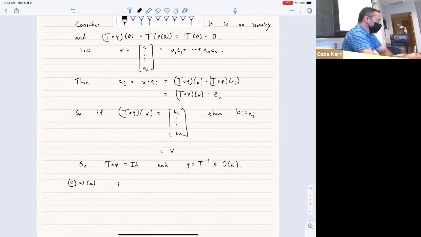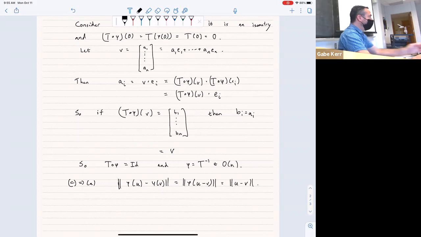Well, okay, maybe we can just say, if it's linear, V of U minus V of B equals, because it's linear, this, because it's orthogonal.